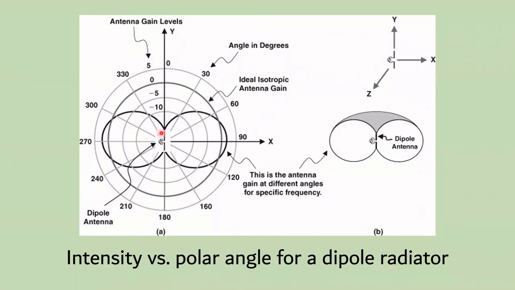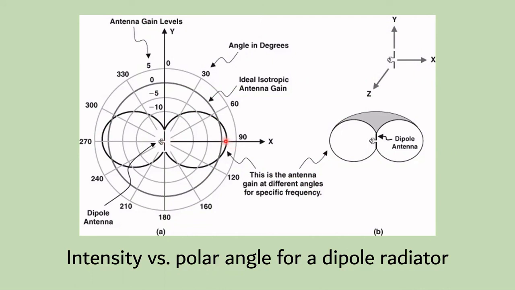And this plot here is showing you how the gain of the antenna depends on the angle. So the distance of the curve from the origin tells you how much gain you get, which is basically how preferentially the antenna receives energy along that direction.